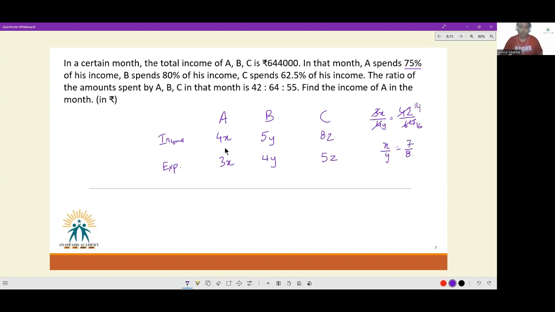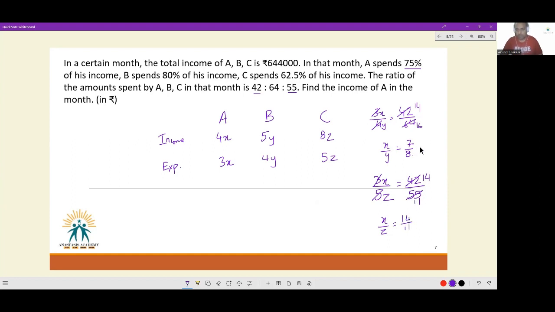This we know. Additionally, let's look at the first number and the last number also. 3x by 5z is equal to 42 by 55. So cancel 11, cancel 14. X by z is equal to 14 by 11.